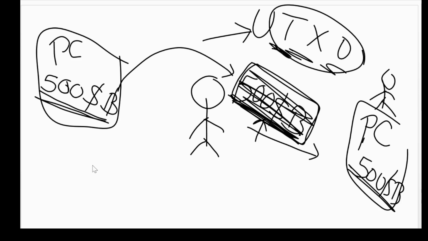Now we understood what UTXO means, but let's understand why it is needed, why it is not similar to the traditional way of maintaining the balance in bank accounts. Let's start from the beginning of another set of transactions.